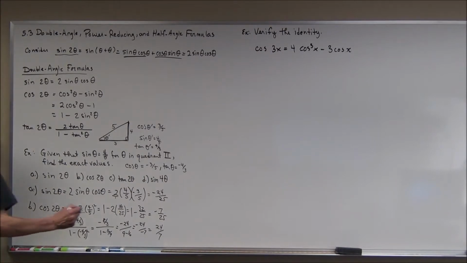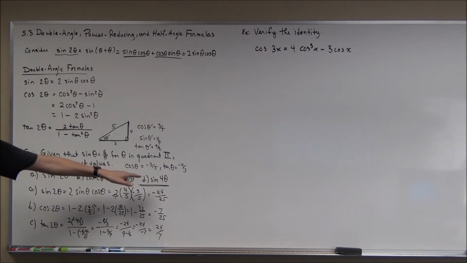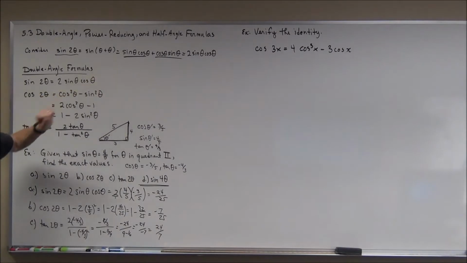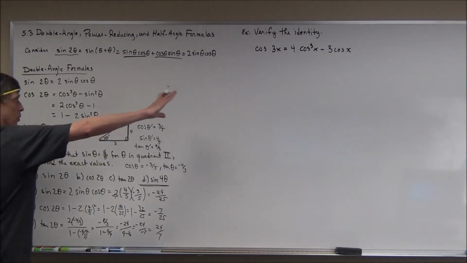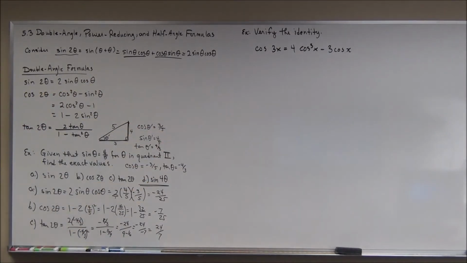Now the last one, we don't have a formula for quadruple angle, but again, we can think of the sine of 4 theta. I'm going to put it right in here because I'm running out of space. I want to leave some room over here for this identity. It's got a little bit to it.